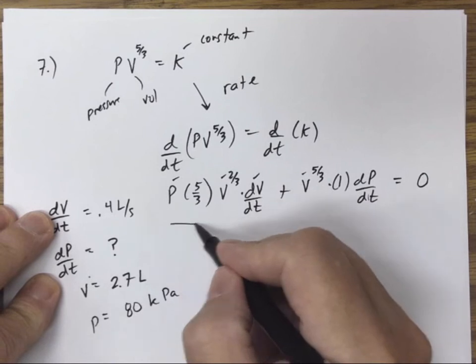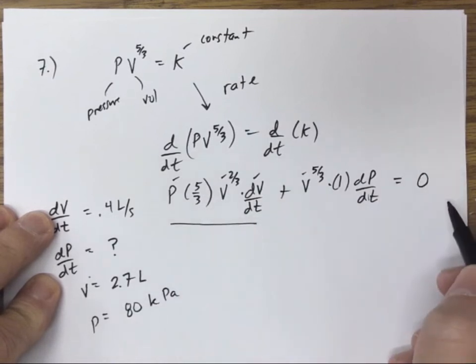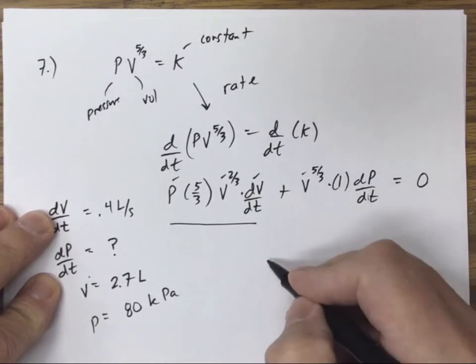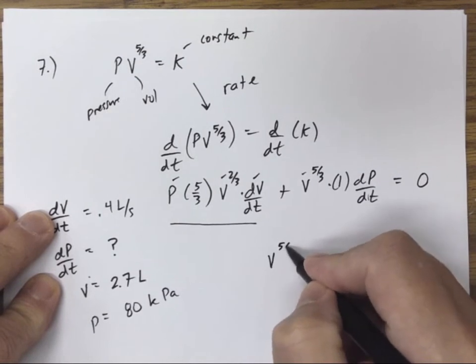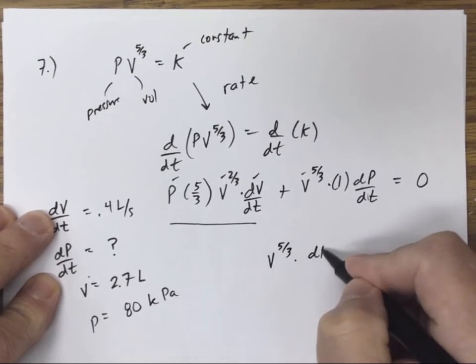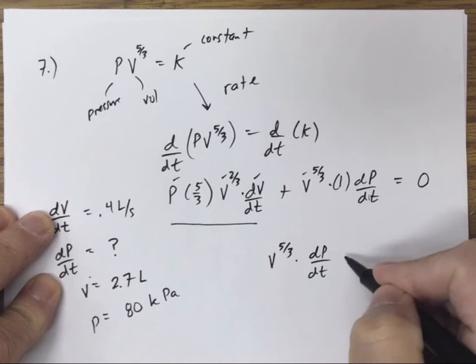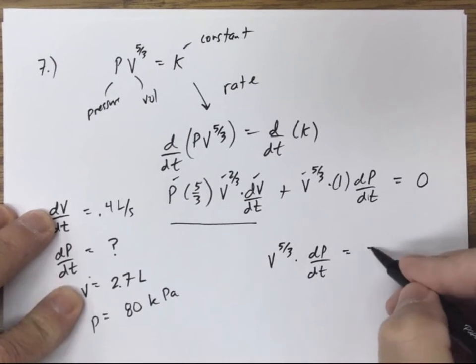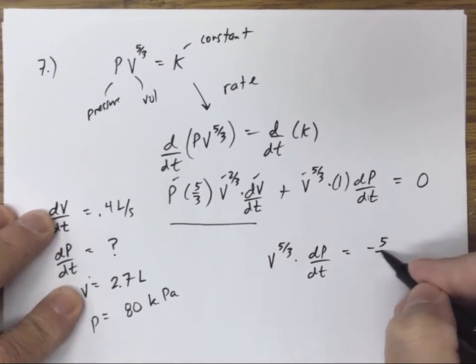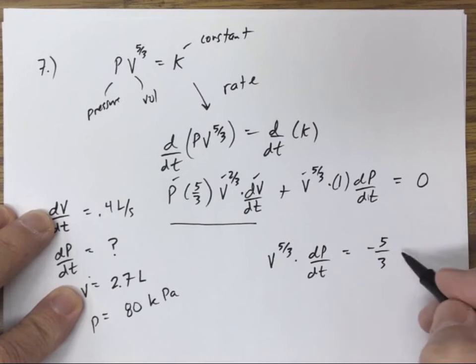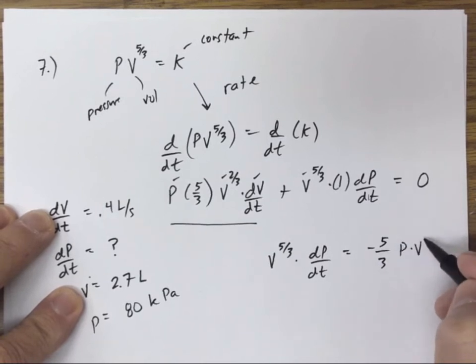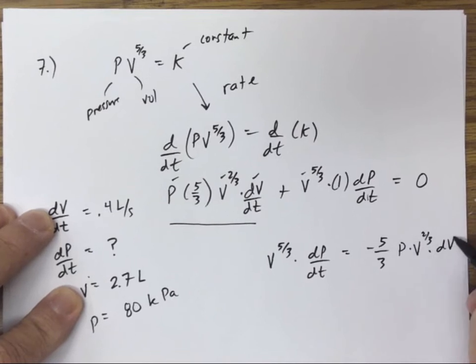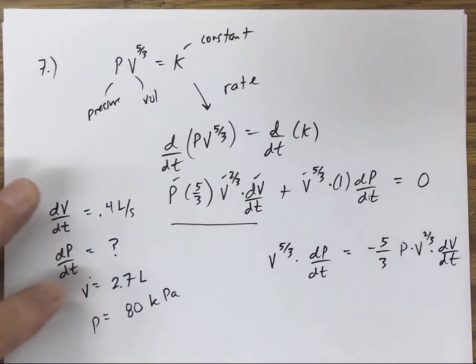I'm going to take this whole first term and subtract it to move it to the other side. So the right-hand side is negative 5/3 P times V to the 2/3 times dV dt.